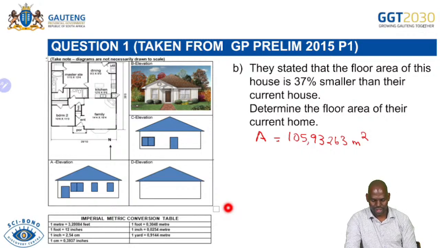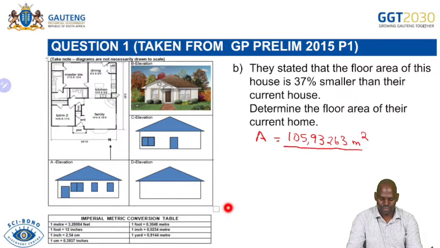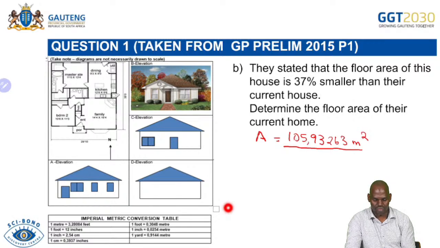Okay, remember they say determine the floor area of their current home. This is the area of their new house, which is 105.93263.